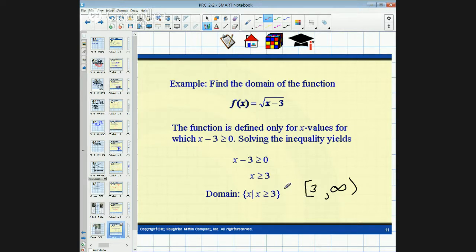And remember, you can write that this way, or in interval notation, couldn't you write that like this? So one of the things you'll have to be able to do is determine a domain. So you're looking for, well, what can't x be? And then that leads you to, what can it be?